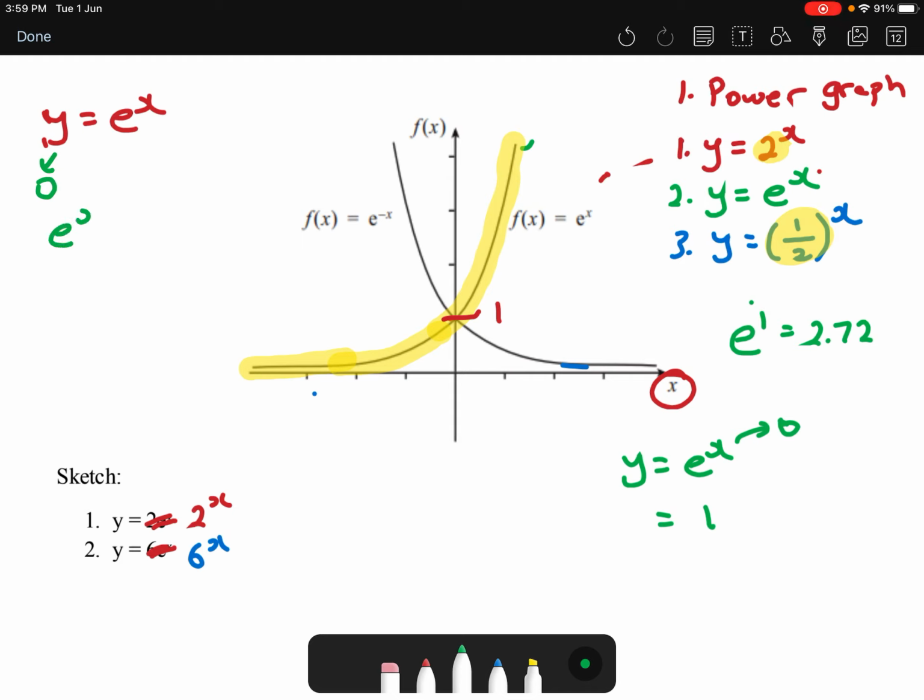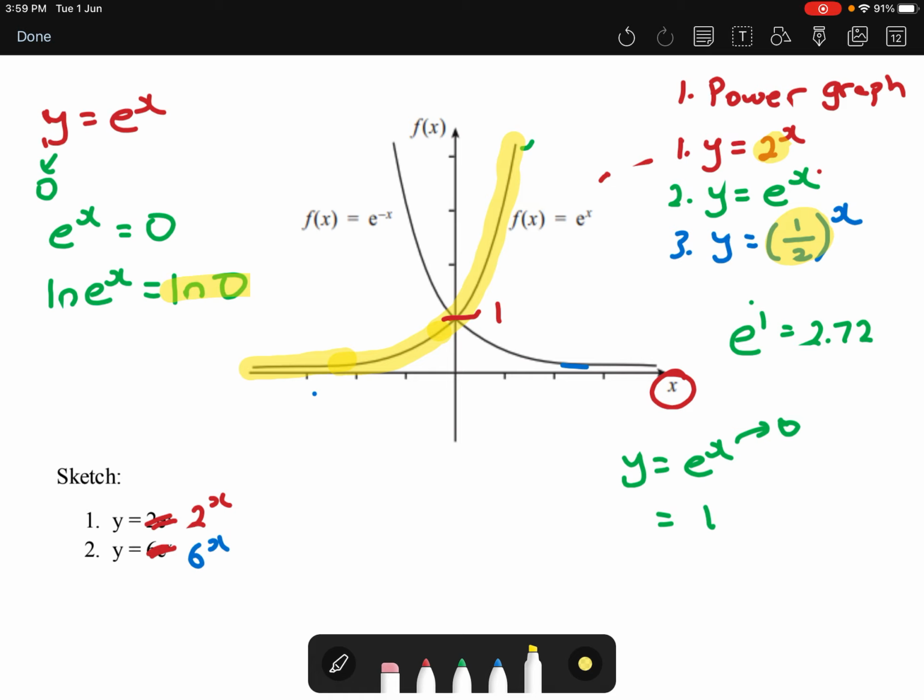If you solve e to the power of x equals 0, you will not get any solution, because to solve this you need to ln both sides. So ln e to the power of x equals ln 0, and ln 0 itself, if you press the calculator, gives an error.